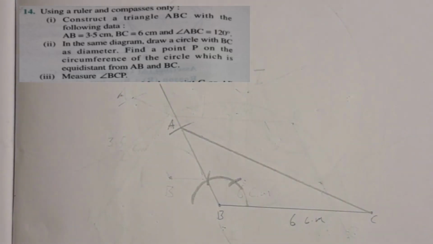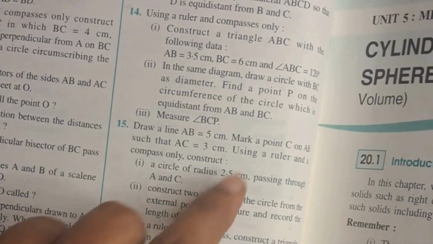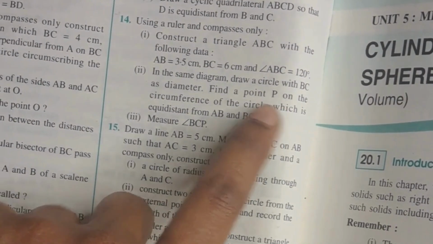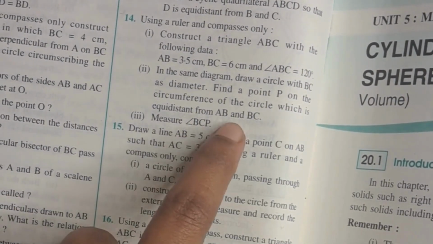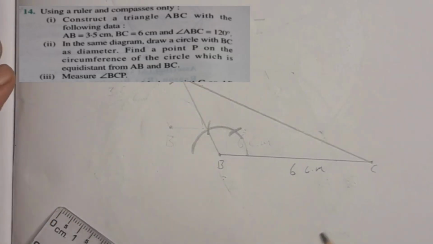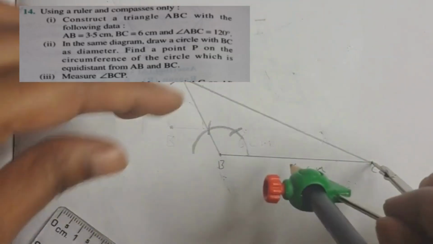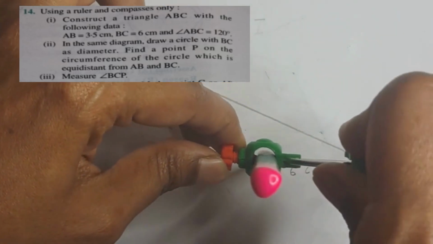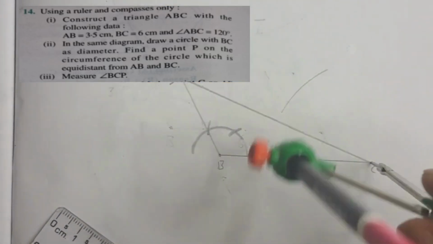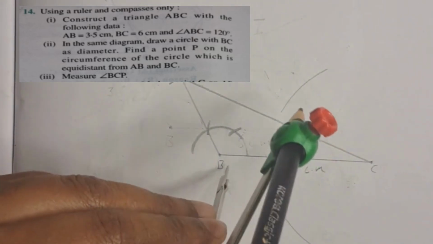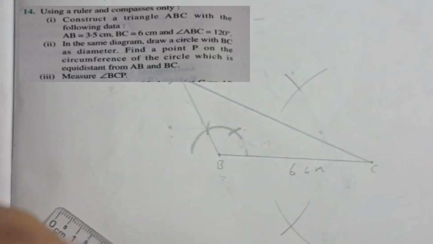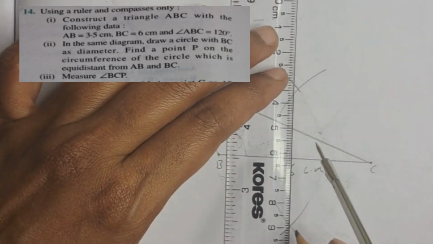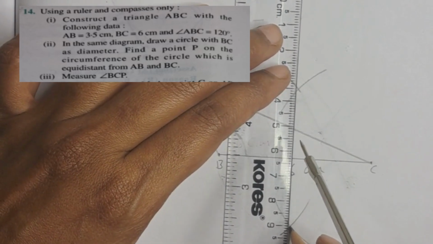Now we have to draw the circle with BC as diameter and find point P on the circumference which is equidistant from AB and BC. First we have to draw the BC perpendicular bisector. Here one arc, here one arc, from B and C cut those arcs. Join, draw one straight line here.